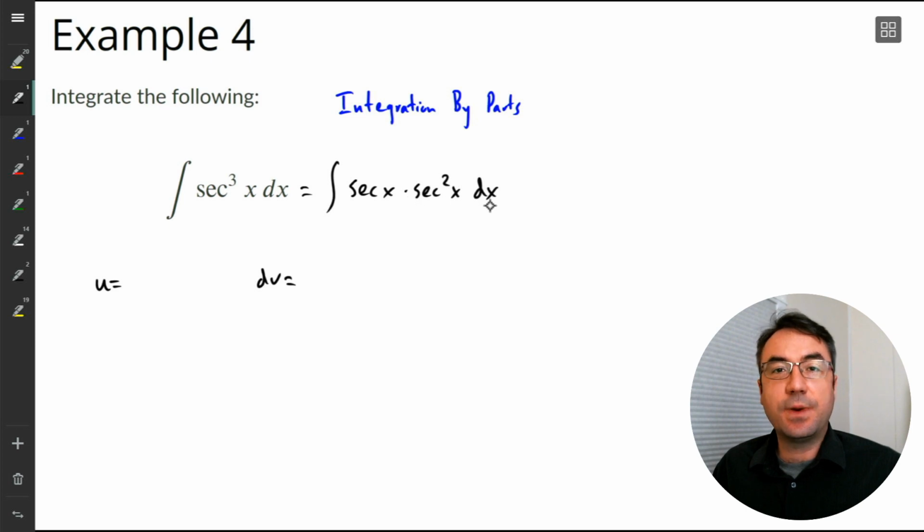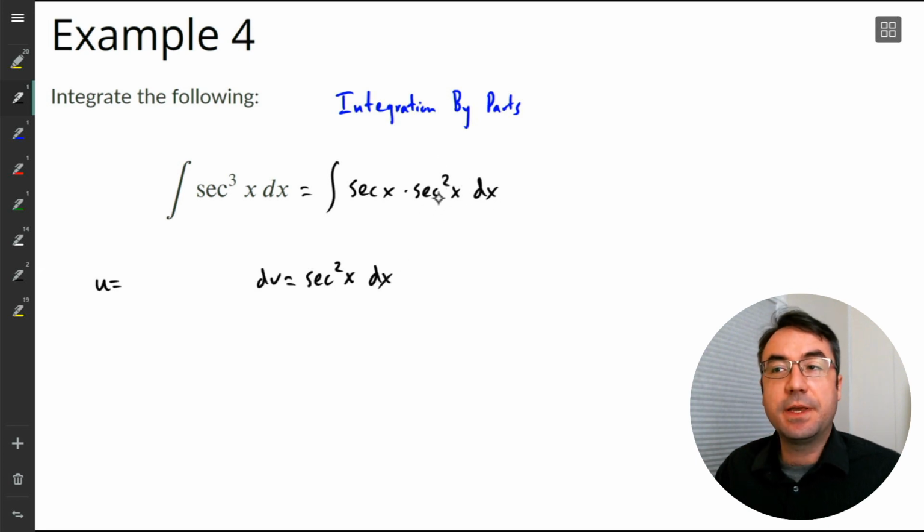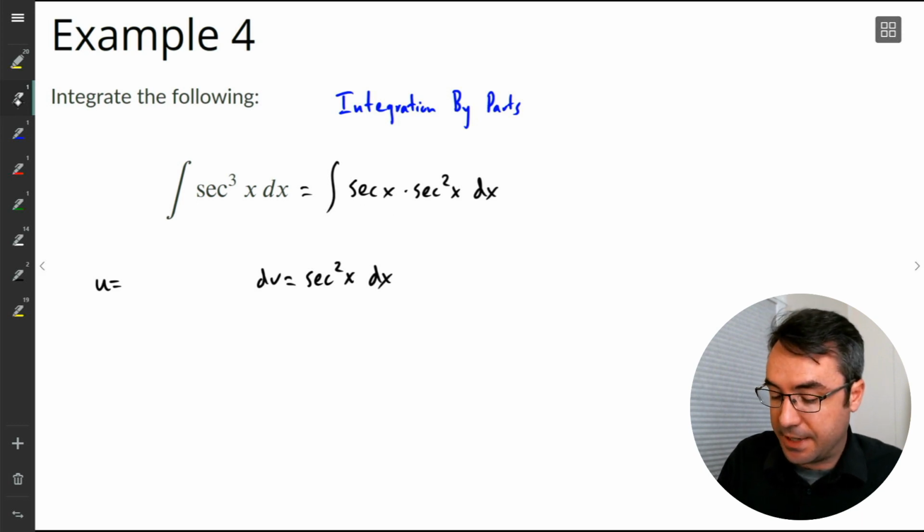And secant squared, that's one of our elementary form integrals. That's one of our basic ones. So that's what we're going to pick for dv. And so if this is all going to become dv, then our choice for u has to be anything that's left. So u is going to equal secant.